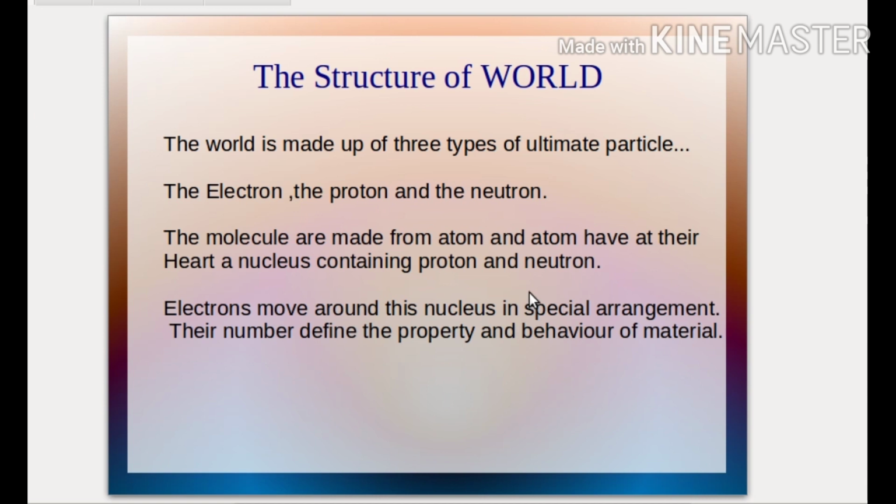So what about electrons? Electrons move around this nucleus in a special arrangement, and the number of these fundamental particles like electrons, protons, neutrons decides the property and behavior of material. Understand, these numbers define the property and behavior of material.